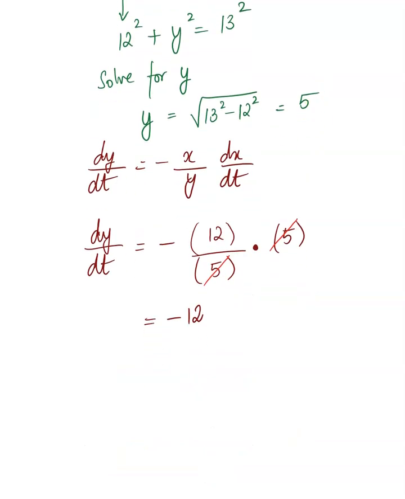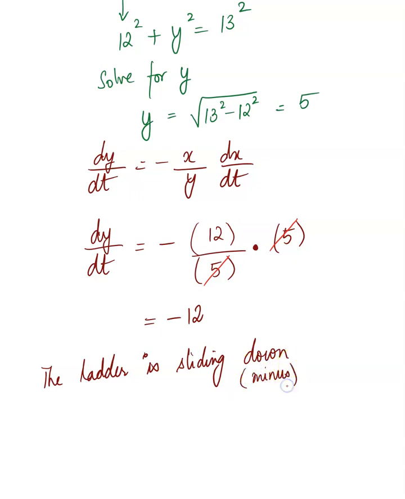So it's beautiful how it all lines up, isn't it? So we can now say the ladder is sliding down. That's your minus, okay, in the answer. It's sliding down the wall by 12 feet per second.